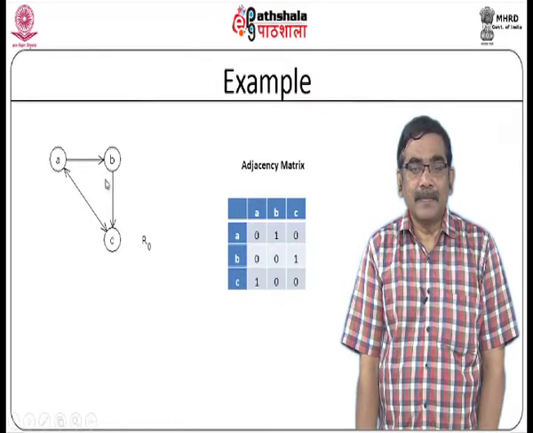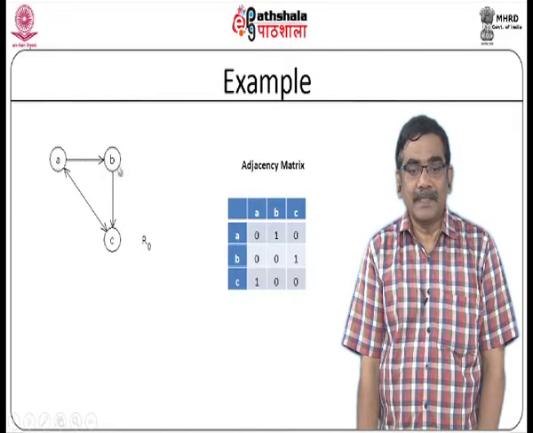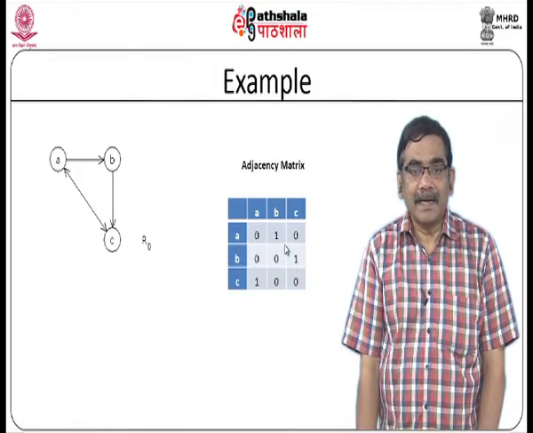So, let us assume that we have a graph like this. You can see that this is going to be the adjacency matrix. As I said earlier, the initial adjacency matrix is going to be our initial path matrix.